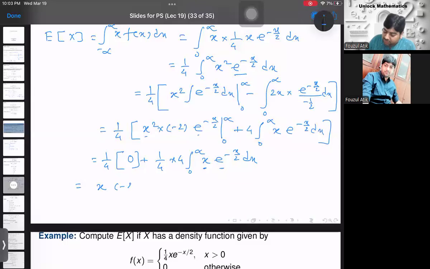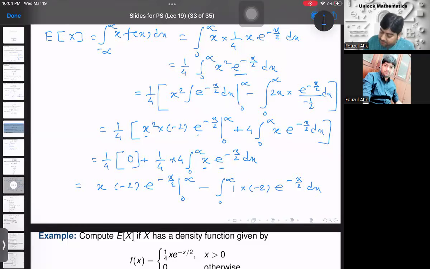So minus 2 e to the power minus x by 2 between 0 to infinity, minus the integration from 0 to infinity of the derivative of x, which is 1, into the integration of this, which is minus 2 e to the power minus x by 2 dx, right?